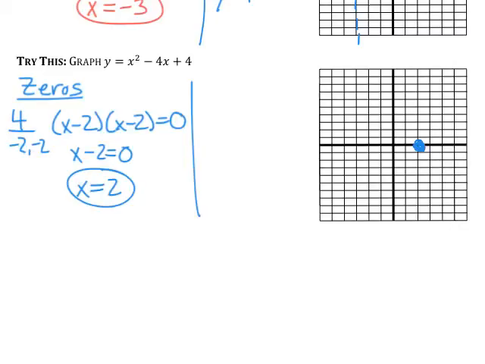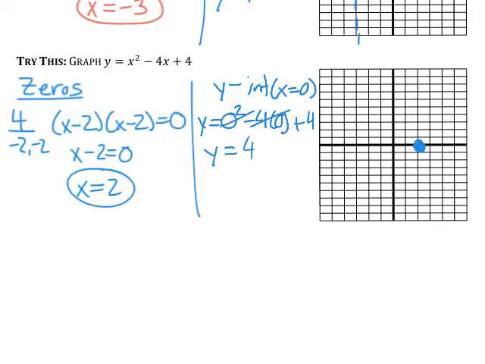So instead of finding the vertex now, I'm going to find the y-intercept, which means x is 0. Okay, so I plug a 0 in for x, so y equals 0 squared minus 4 times 0 plus 4. So my y-intercept here is 4. So I go up 1, 2, 3, 4 on the y-axis.